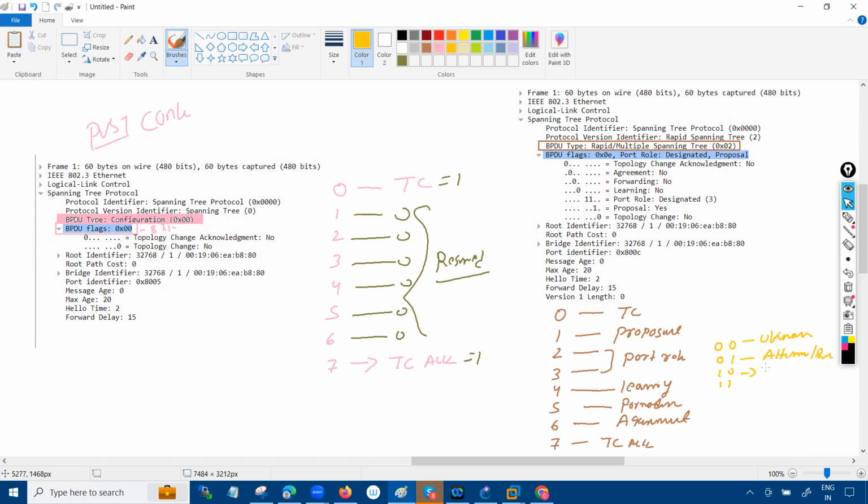Then 10 is the root port, and 11 is the designated port. So can you see that I'm utilizing all the bits in the rapid PVST protocol?